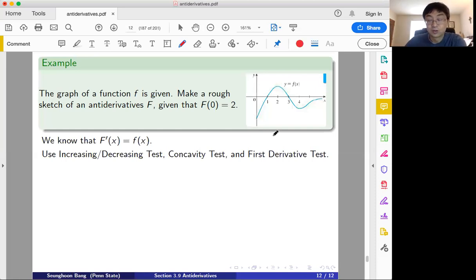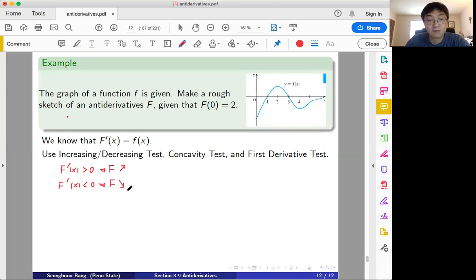Do you know the increasing/decreasing test? If capital F prime of x is positive, the graph of F is increasing. If capital F prime of x is less than 0, the graph of F is decreasing.